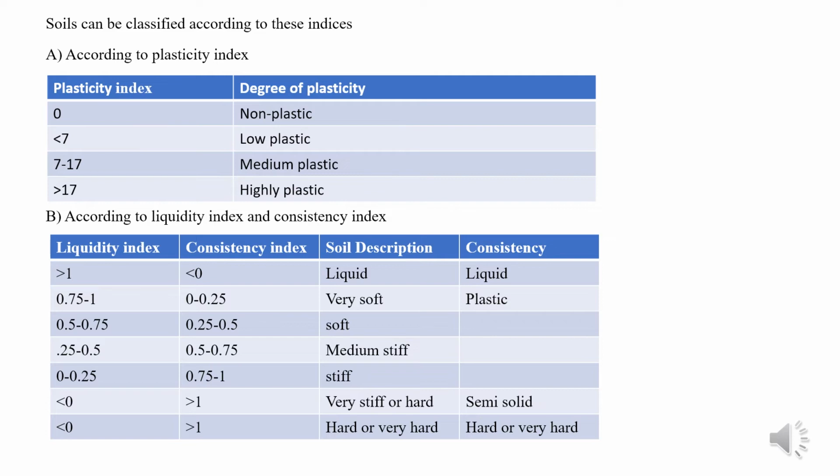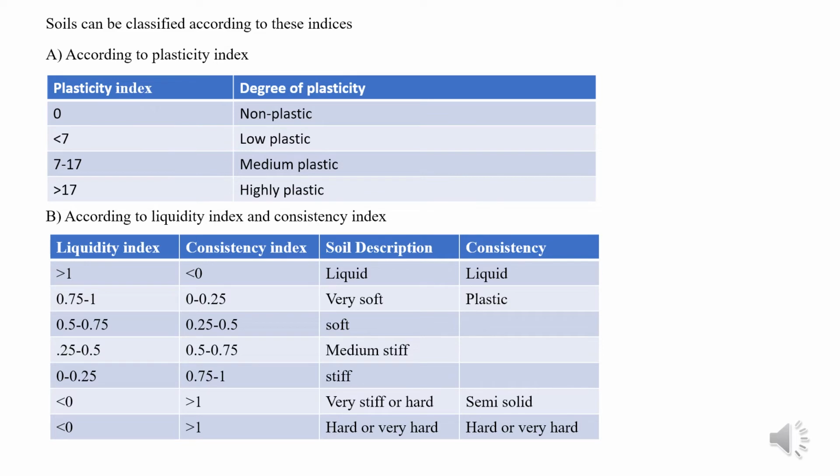If the plasticity index is 0, we call it a non-plastic soil, right? Basically plasticity index is the difference between the liquid limit and the plastic limit, right? Both the liquid limit and the plastic limit we can determine in the laboratory, which we will talk about later in the subsequent lectures. From these we can calculate our plasticity index.